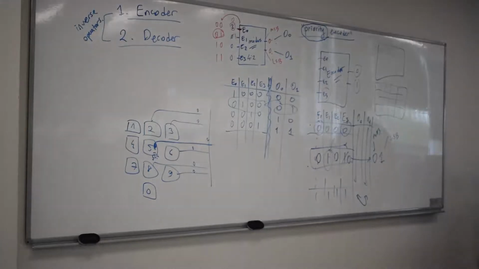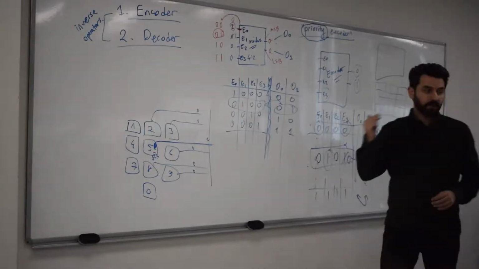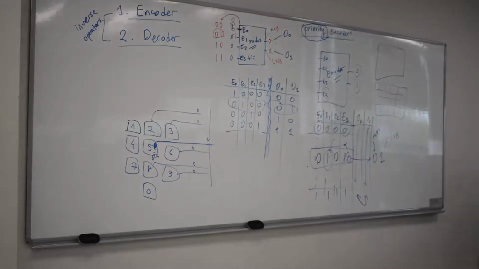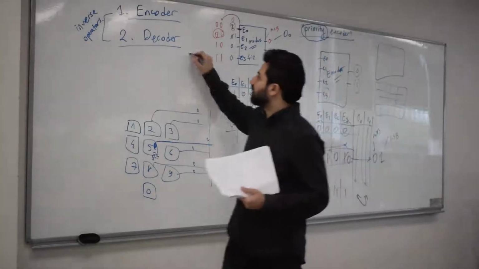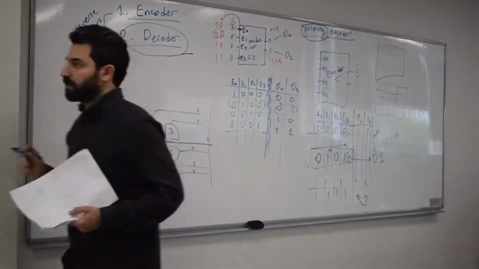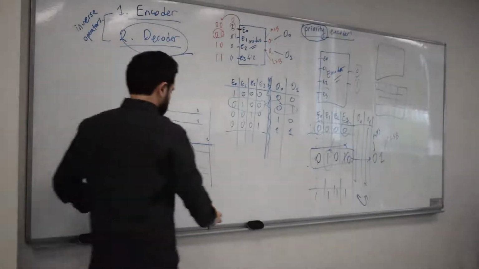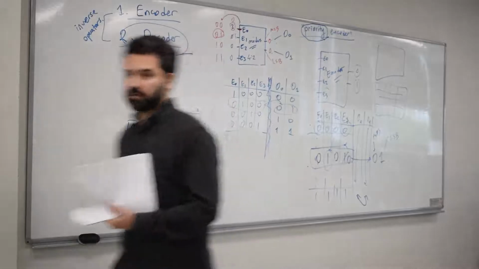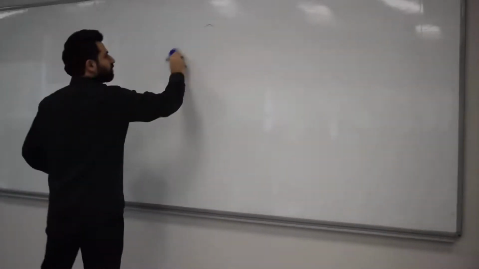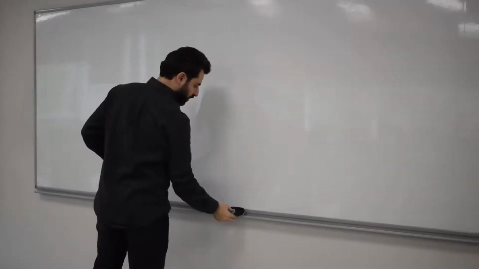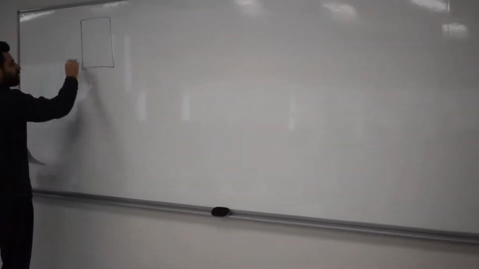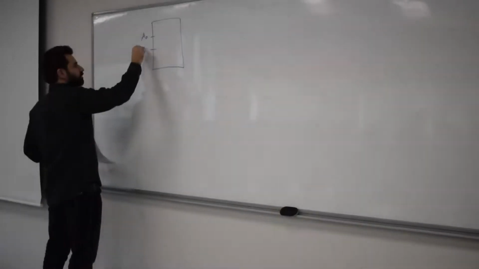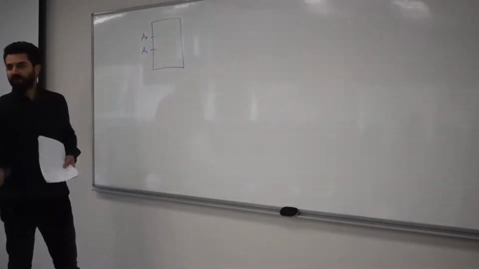Anyway, so this is the encoder. This is the priority encoder. What I'd like to do today is talk about the rest of the apple, the decoder. It's pretty simple, because if you understand the encoder, the decoder is straightforward since it's just a functional reverse operation. So instead of having 4 inputs, now you have 2 inputs, the code.